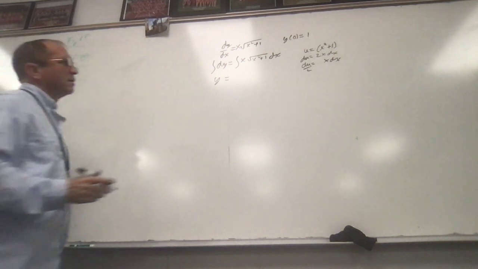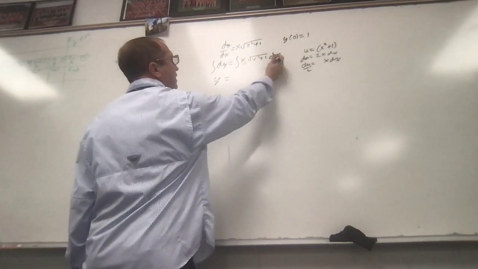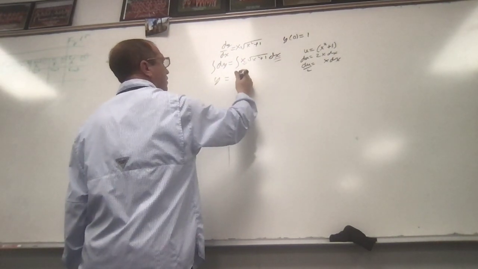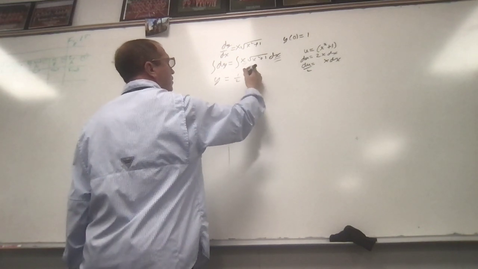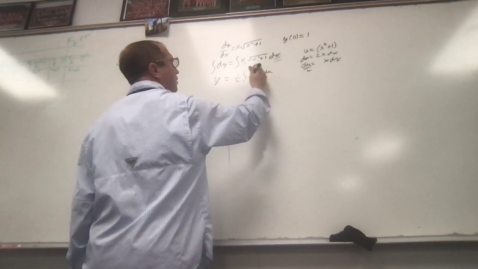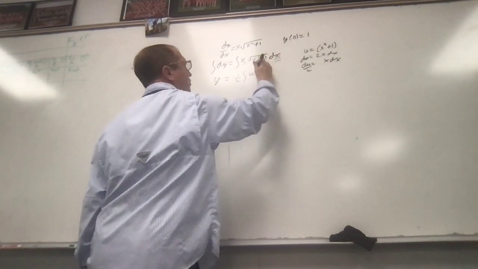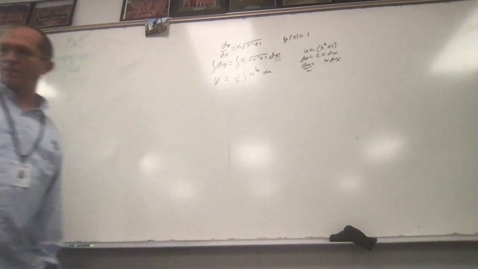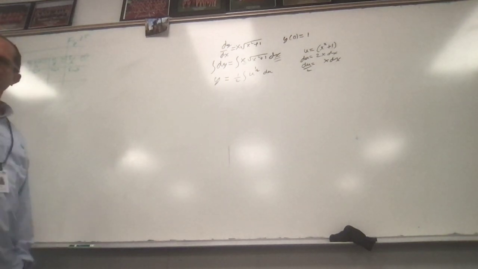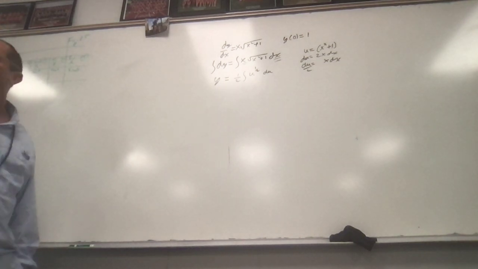All right, so I've got my x dx here, which is going to become du over 2, and then this is u to the 1/2 power. And now everything's taken care of. But again, it's okay to pick the wrong thing.